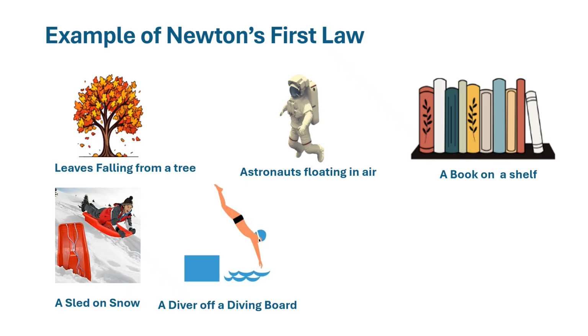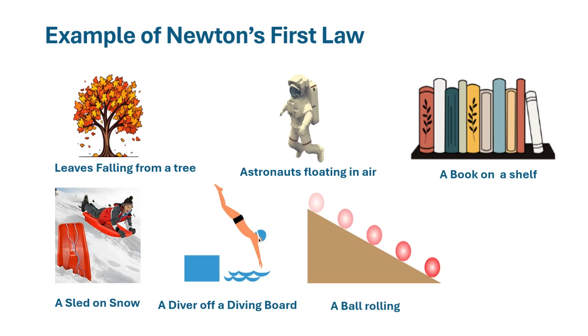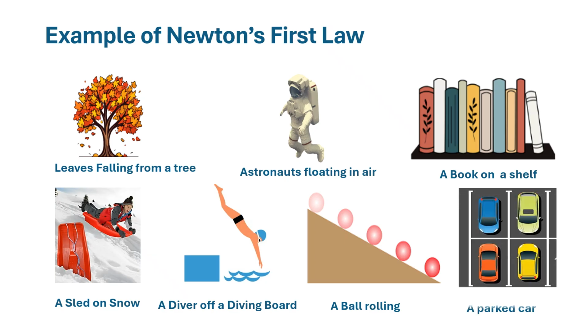A diver on a diving board. A ball rolling down: if it is in motion, it will remain in motion unless and until some external unbalanced force acts on it. A parked car will remain at rest unless and until we apply some external unbalanced force on it.